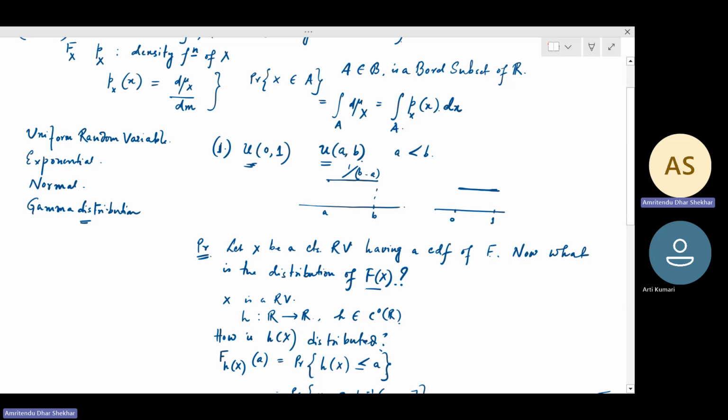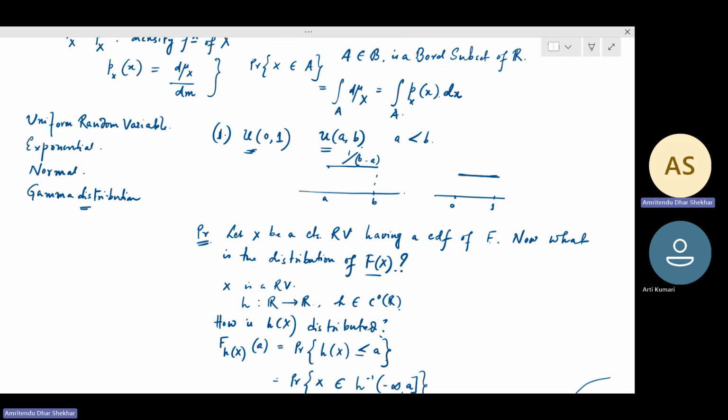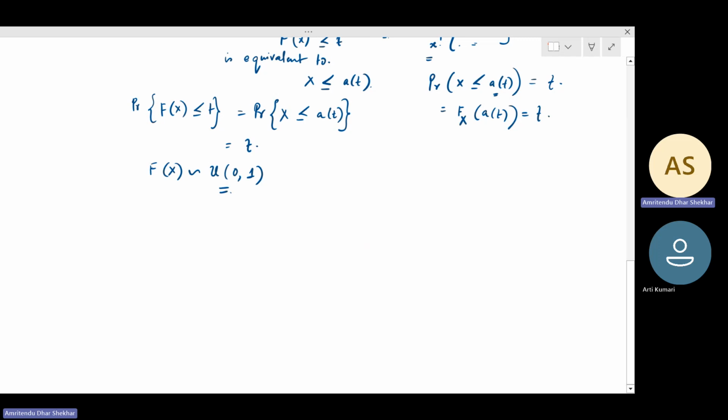Okay. So this is a very interesting kind of example because if we ask how do you, in practice, simulate a uniform random variable? So what do you mean by simulate a uniform random variable? You have to create a uniform random variable, right?